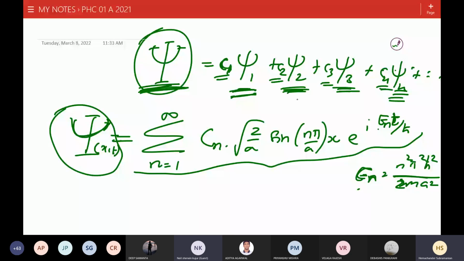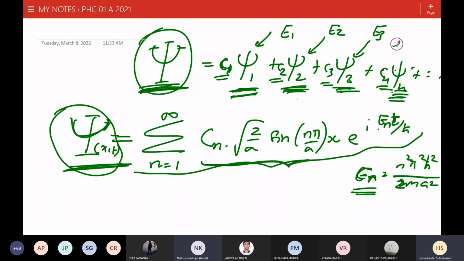It is exactly the same thing here. Psi 1 corresponds to the energy level E1, psi 2 corresponds to E2, and so on. Any general wave function can be written as a linear superposition of the eigenfunctions multiplied by some constant Cn.